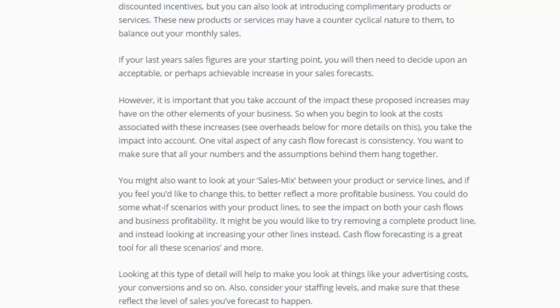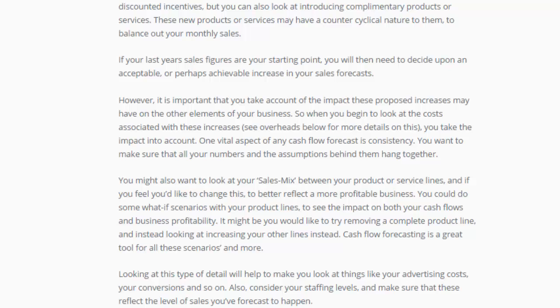And while I'm on that subject, as your business expands, it's important to look at what other overhead costs would have to reflect the increase. So for example, if your sales are increasing to a certain level, have you got enough staff to cope with that? Do you need to introduce new members of staff? Or in order to achieve that level of sales, do you have a sales team, and do you need to increase it in order to sell more?